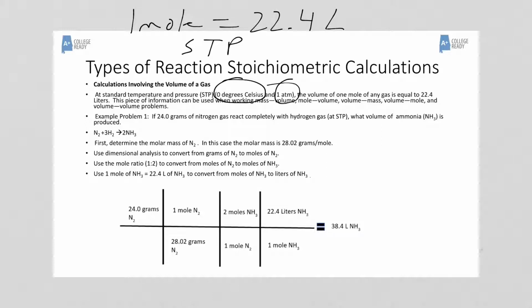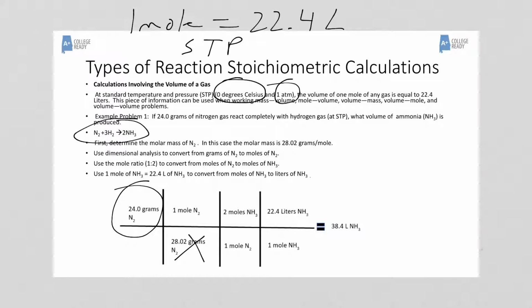So here we're going to start with 24 grams of nitrogen gas, and we're reacting with hydrogen gas at STP. We want to know what volume of ammonia is produced. So we've got a balanced equation. We start with 24 grams on the upper left-hand side of our factor label chart. We're first going to use the molar mass of nitrogen gas to convert that to moles.